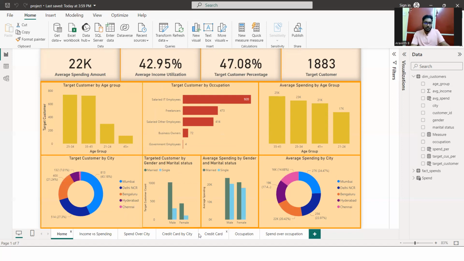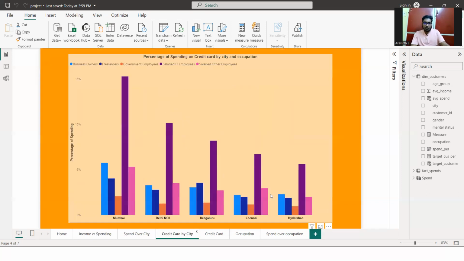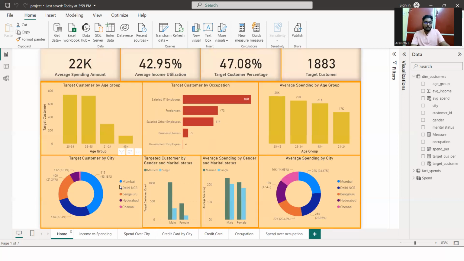Their spending also seems the same as the other cities. But why are the target customers so few in Chennai? It's because their average spending was very low. They have a high income range but their spending was very low, so they didn't cross the average income utilization mark, right? So only very few customers fall in this range.